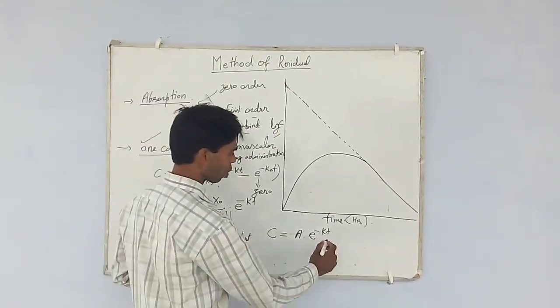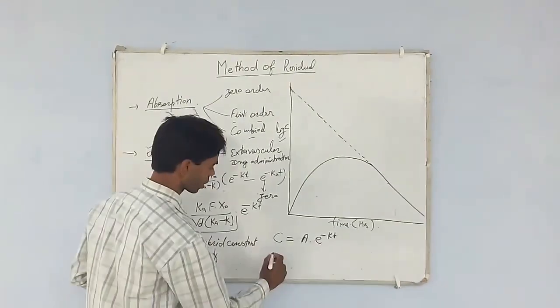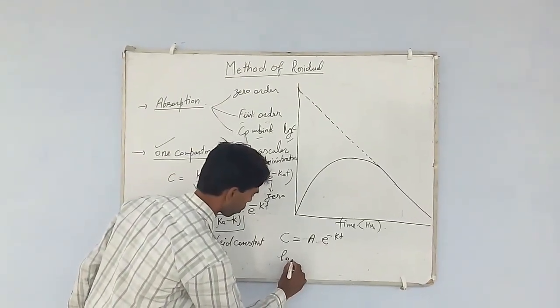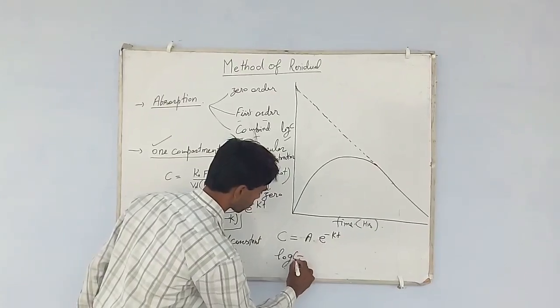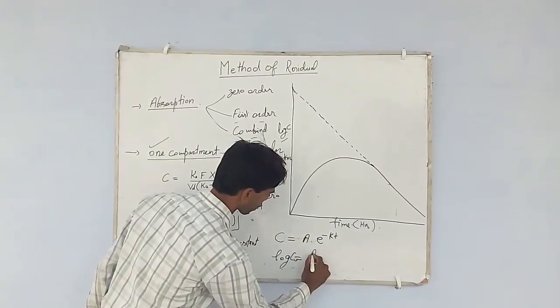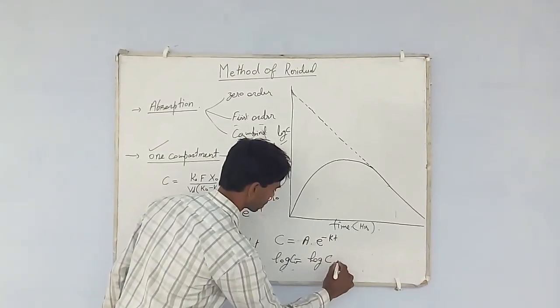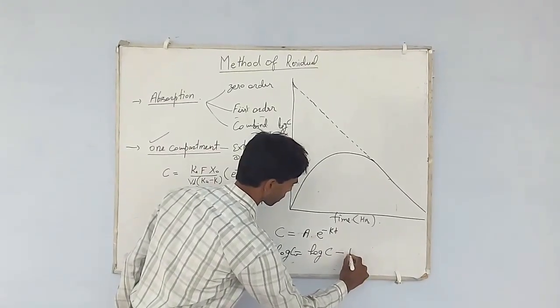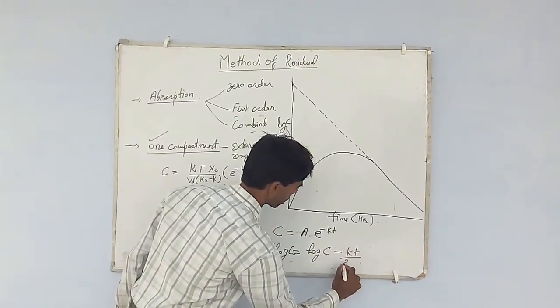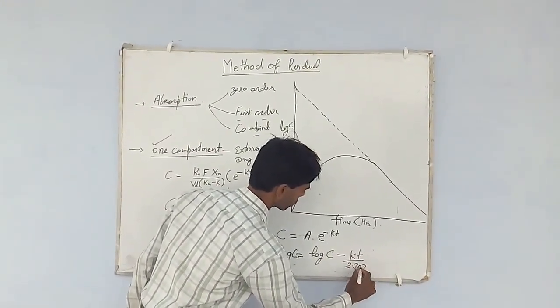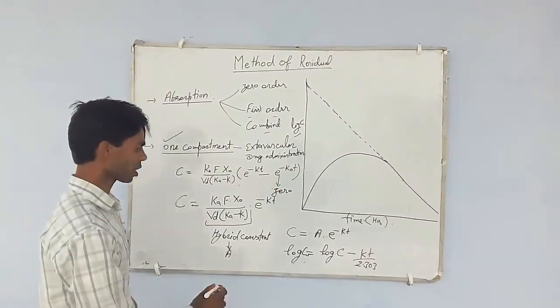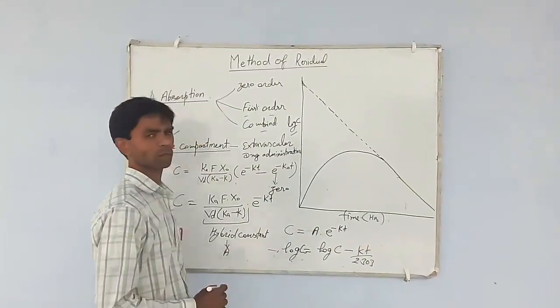By taking the logarithm of this equation, we get log C equals log A minus Kt divided by 2.303. This equation is used for drawing a residual line to determine the absorption rate constant.